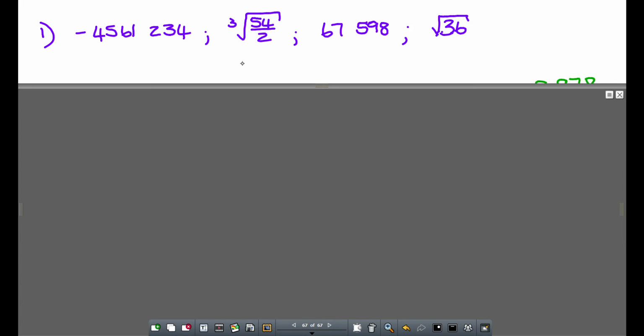The cube root is actually cube root of, what's 54 divided by 2? 27. And cube root of 27 is actually 3. And 3 is an integer. Okay? Okay, the third one is straightforward. Now, square root of 36 is actually 6.